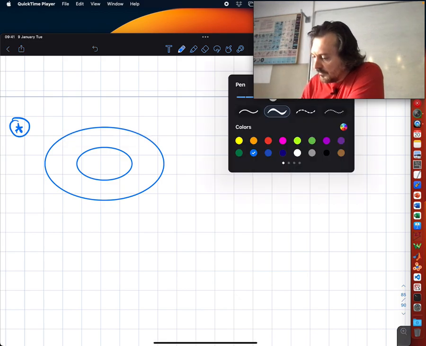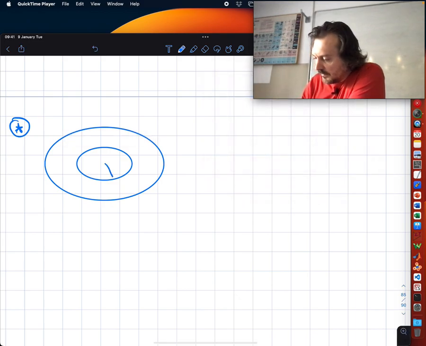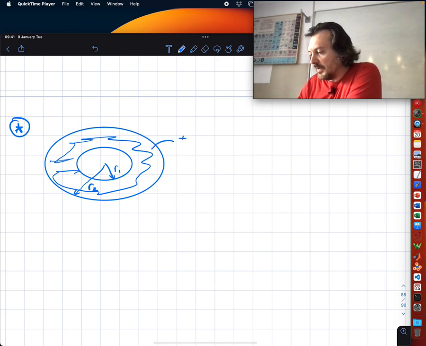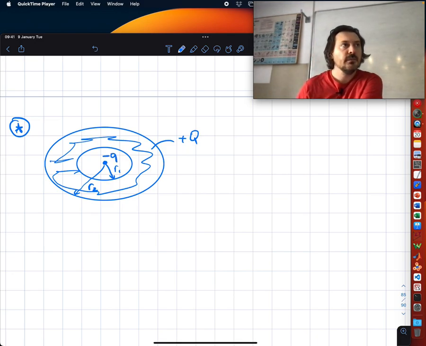Let me call this R1, this R2. This is a disk. The disk has a charge of plus Q, and let's say this is minus Q. Do you understand the system?